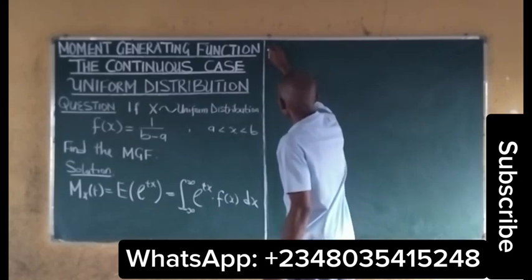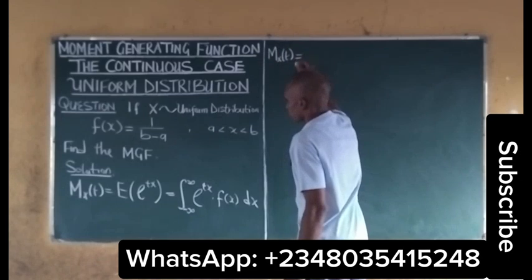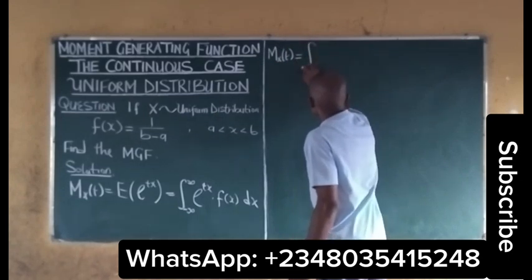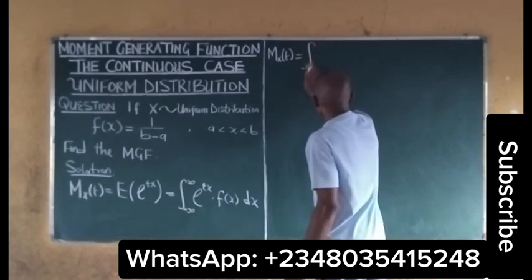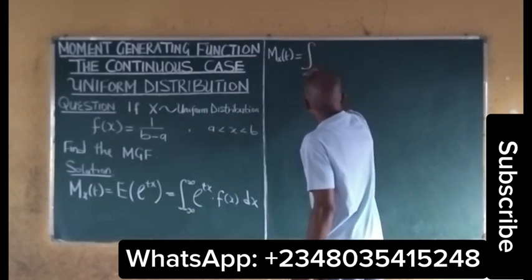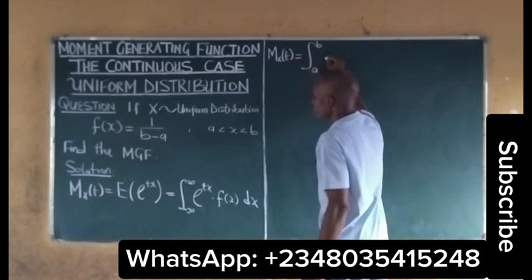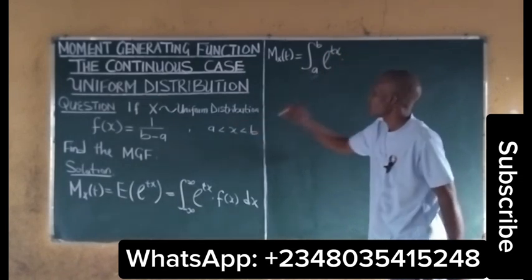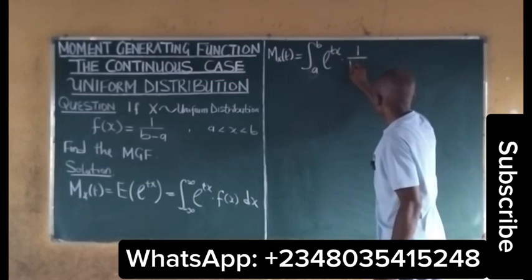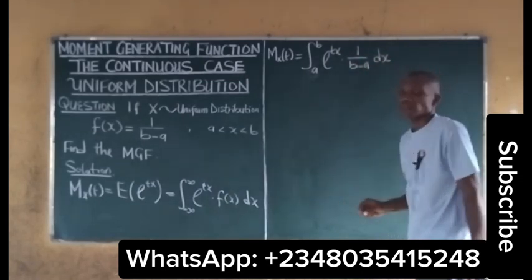So we have the moment generating function to be the integral from a to b of exponential tx multiplied by the given function 1 all over b minus a dx.